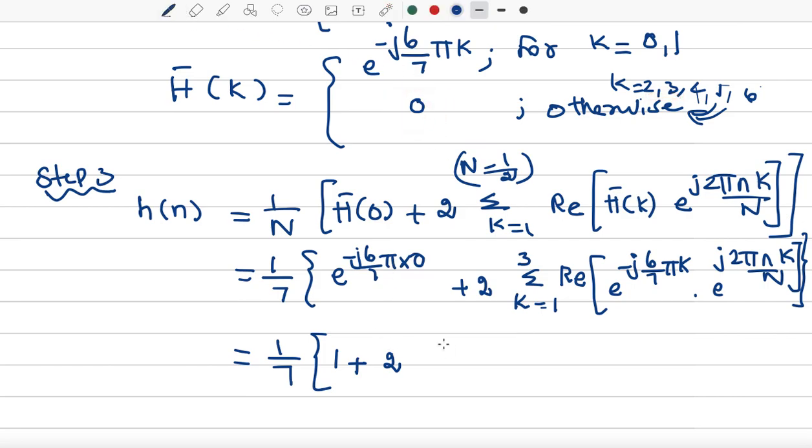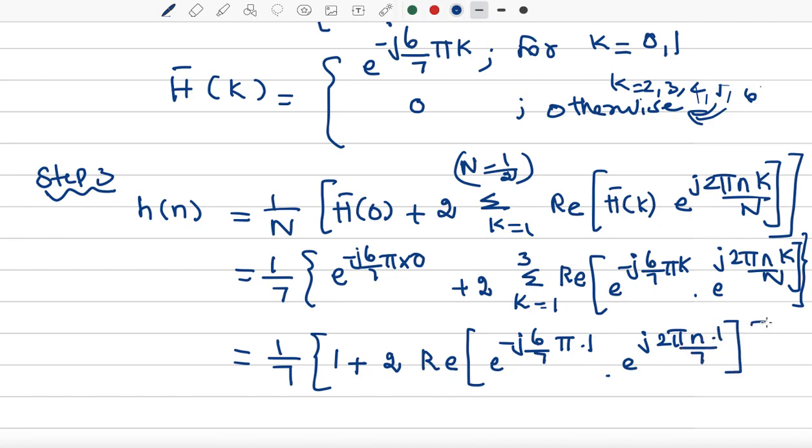Okay, now substitute k equal to 1 here. So 2 into real part of e power minus j 6 by 7 pi into 1. We are substituting k equal to 1 here into e power j 2 pi n k by N, with N equal to 7. The remaining two values equal to 0.